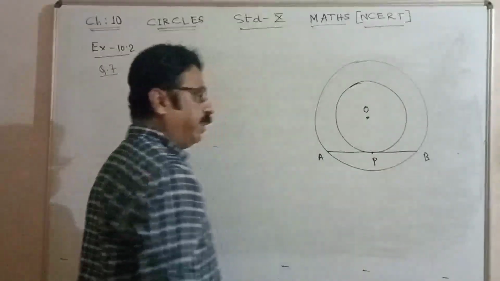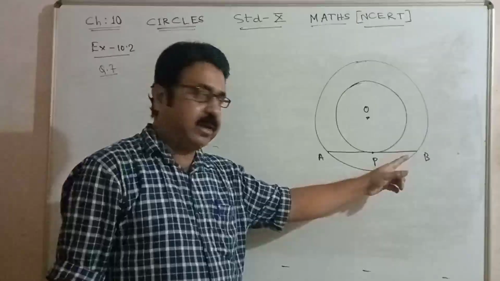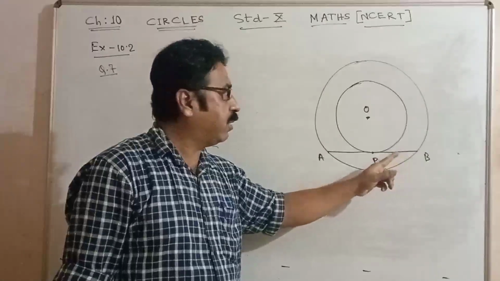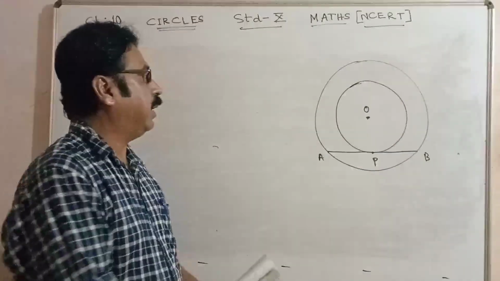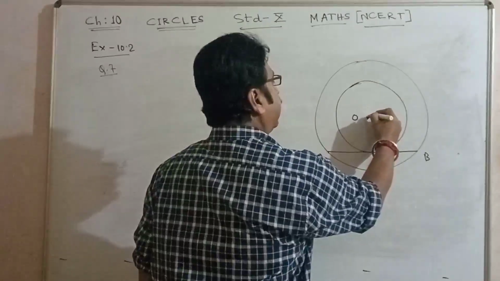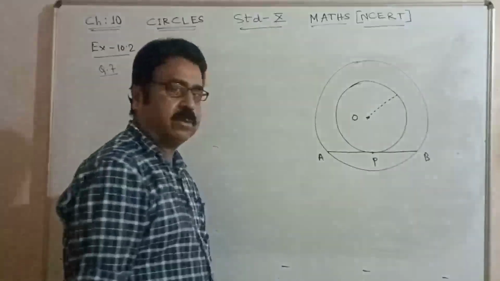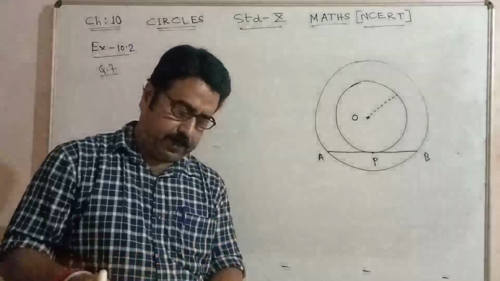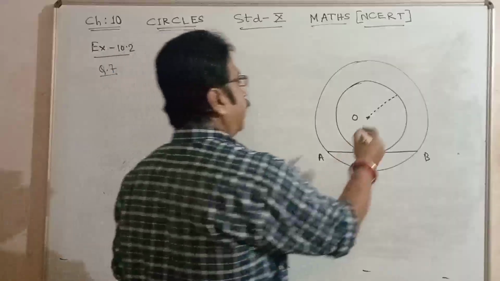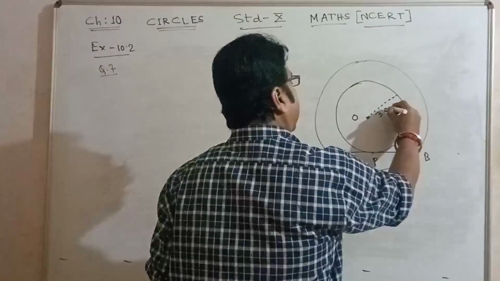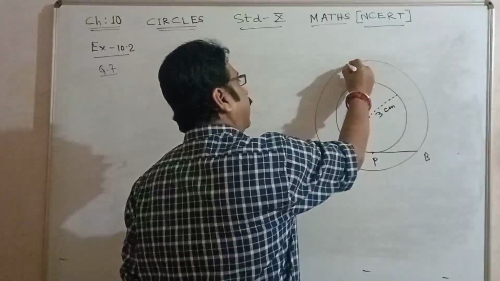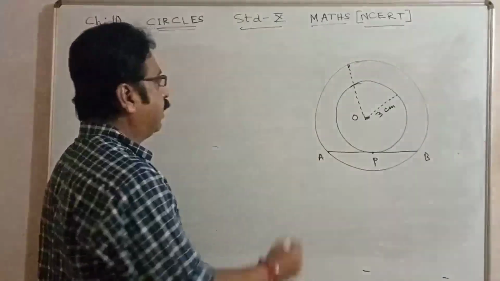So at the point of contact P, AB is the tangent to the smaller circle and AB is the chord of the larger circle. Suppose this is the radius of the smaller circle, it is given 3 centimeter, and suppose this is the radius of the larger circle, it is given 5 centimeter.